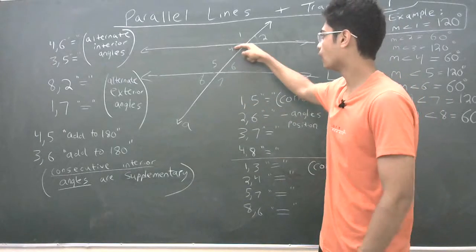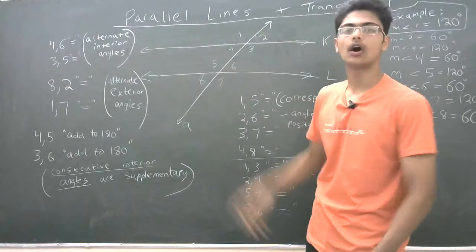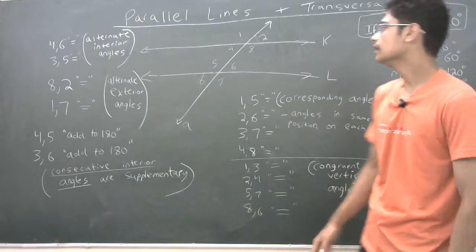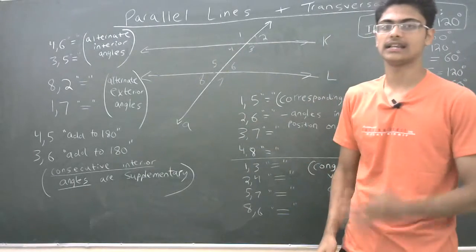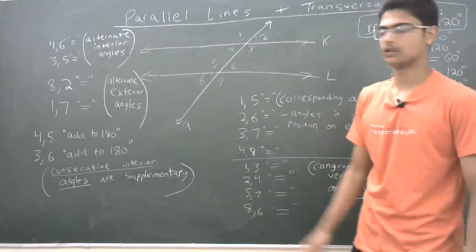It makes sense that 4 and 6 are alternate interior angles, while 3 and 5 are alternate interior angles, and these angles are also congruent. Just looking at alternate and interior, it makes sense that this and this and this and this are equal.